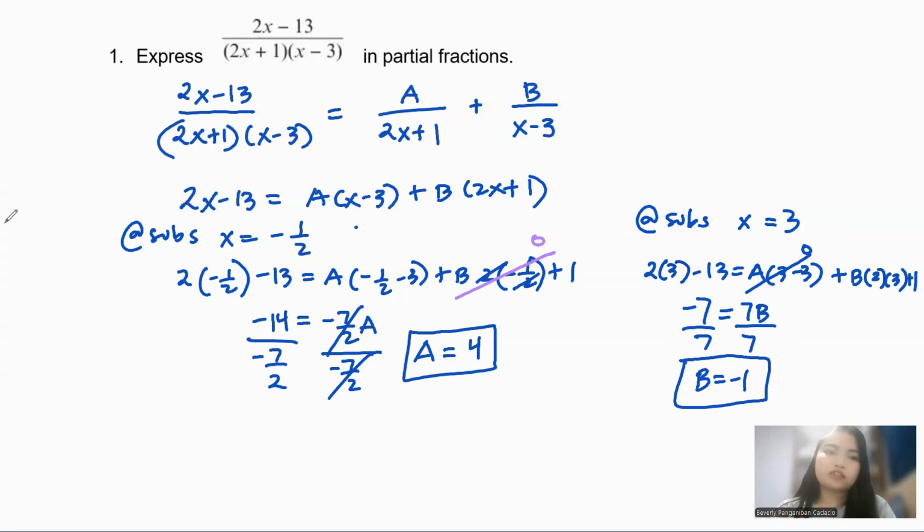Since the question says you need to express, you're going to rewrite it properly. So, 4 over 2x plus 1 plus, sorry, it will be minus now because you have a negative b, and you don't need to repeat it because you already put negative or minus, okay? So that's it.